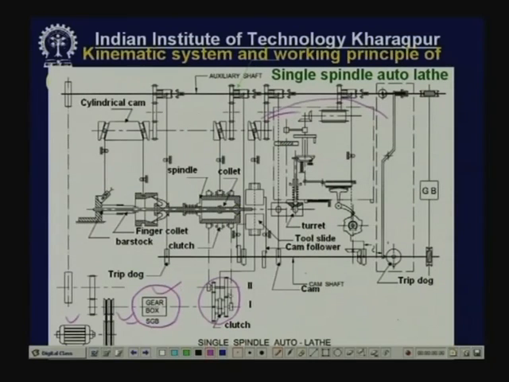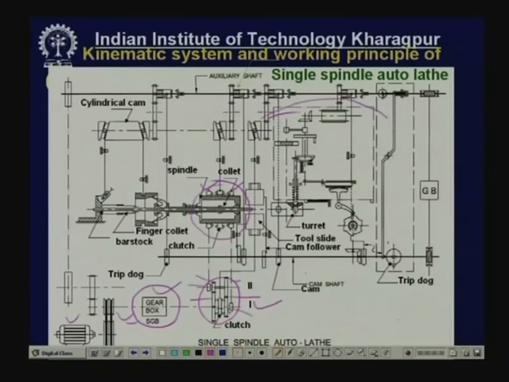Here you can see the speed comes into shaft number 1, and there are 2 gears loosely mounted on the shaft, connected to 2 more gears on shaft number 2. There are 2 sprockets on the 2 shafts, and from this sprocket speed goes into the 2 sprockets here, which are mounted onto the spindle. But remember, these 2 sprockets are loosely mounted, that is, even if they rotate, the spindle will not rotate. These 2 gears are also loosely mounted.